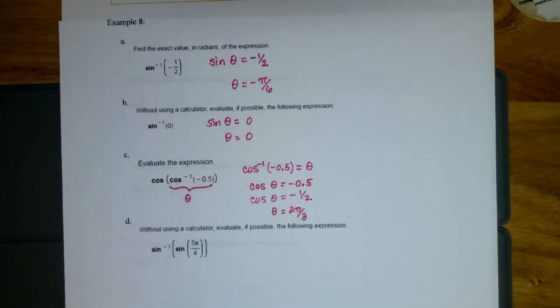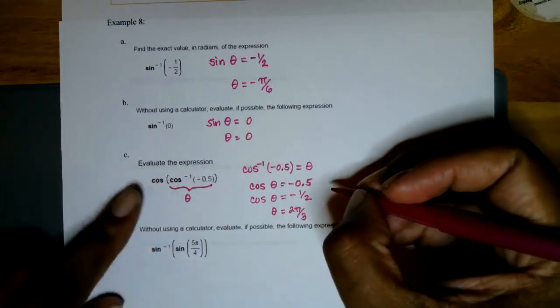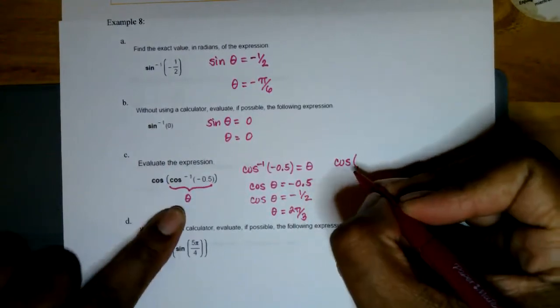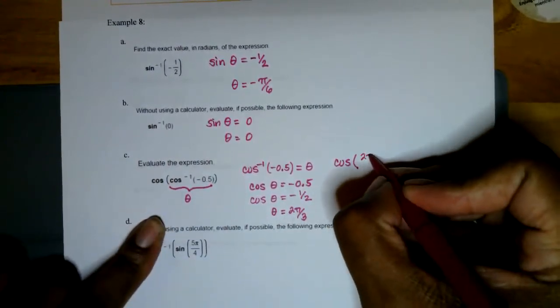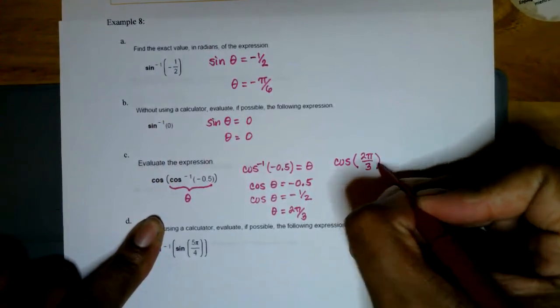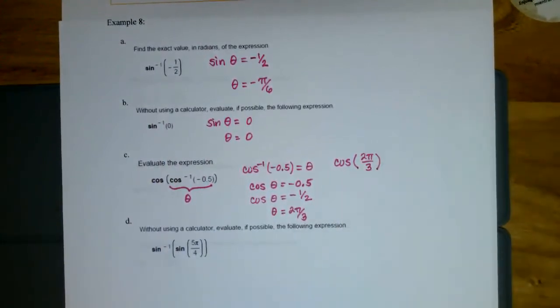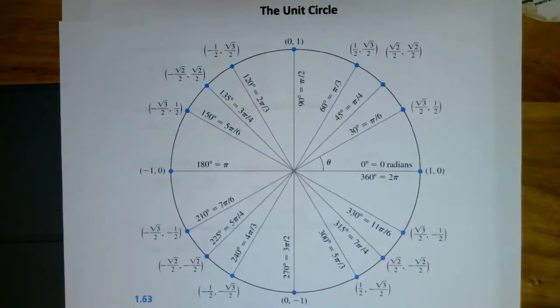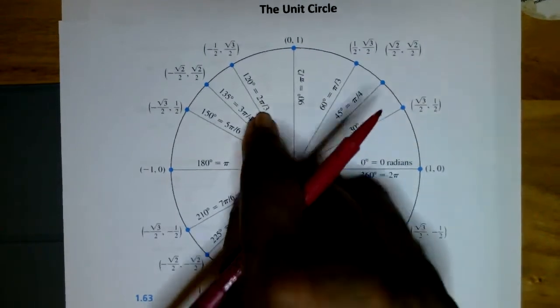Okay, but I'm not done with that problem yet, because notice I have the cosine on the outside. So I have the cosine of theta, which we found out to be 2 pi over 3. Now, we can use the unit circle if we want to and find the cosine of 2 pi over 3. Now I'm using this regular unit circle here as well. Let's find 2 pi over 3, which is right here.